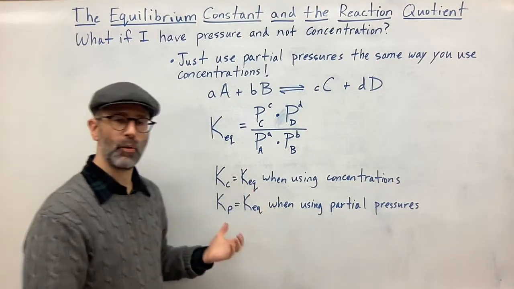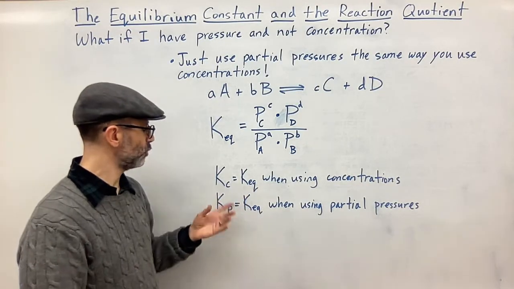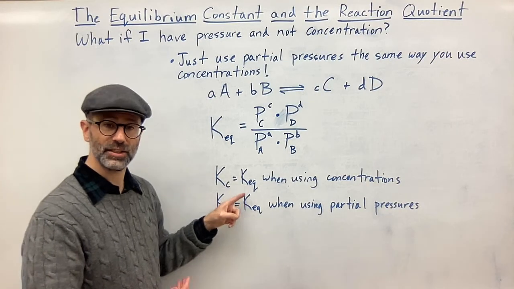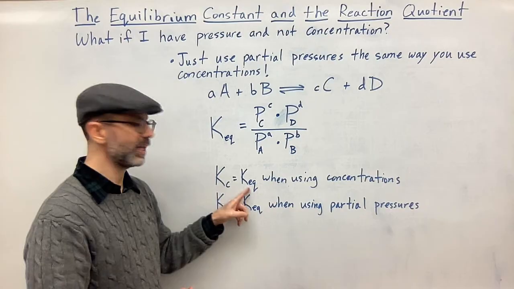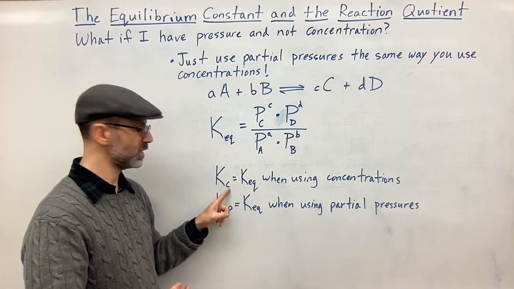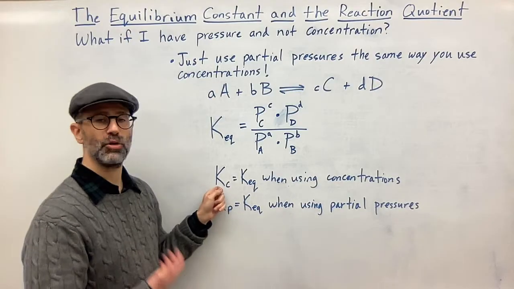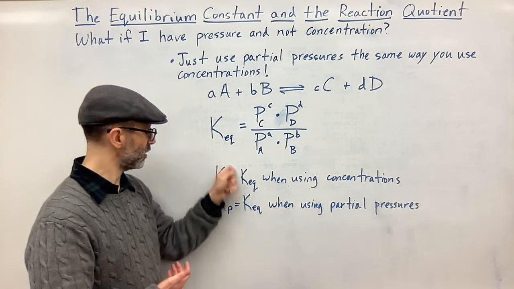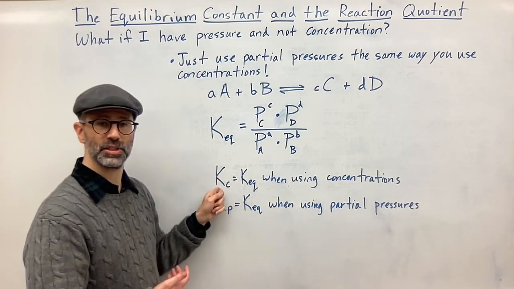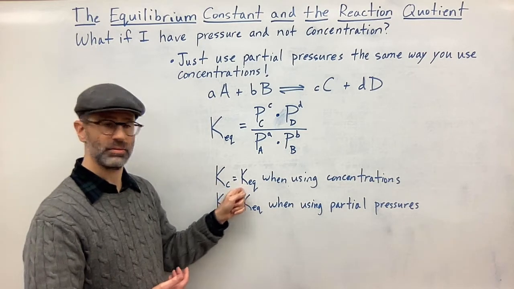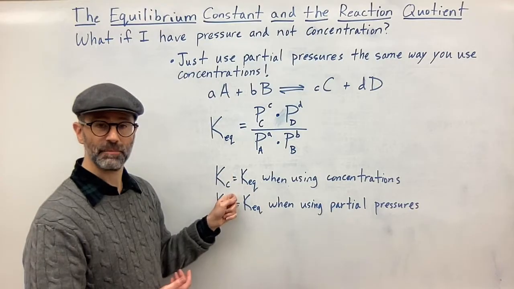Now, another thing I want to point out is that a lot of times, if we are using concentration, we'll refer to KEQ as K sub C for concentration. So when we're using concentrations, you might see K in this symbolism here. So using K sub C instead of KEQ means the same thing.